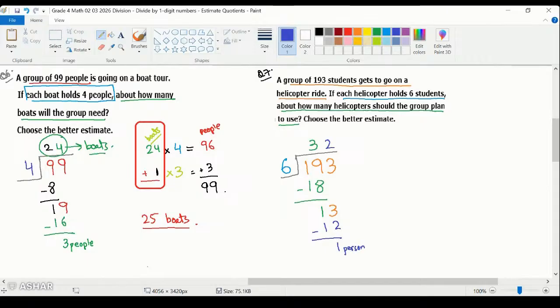There were a total of 32 helicopters that would be used, right? But what about the 1 person that is left? That person also needs to go, okay?